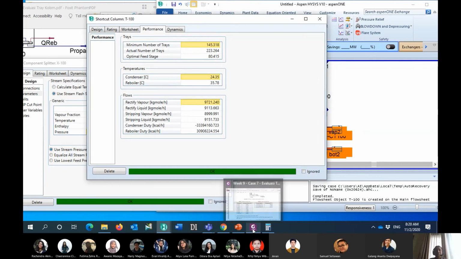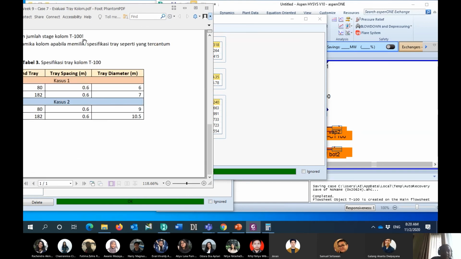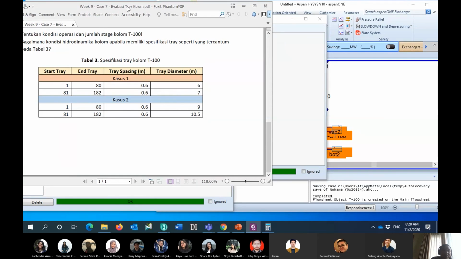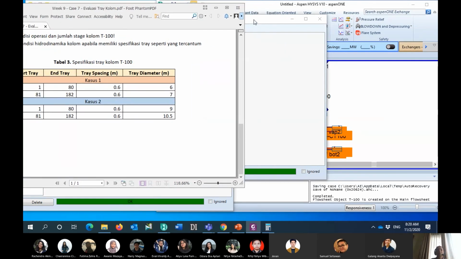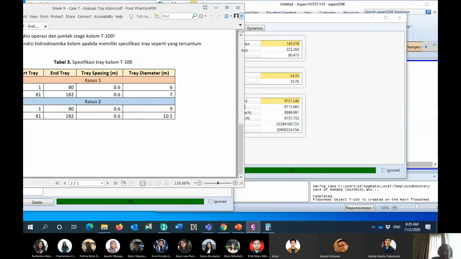Let's look at the case that we have. In the real condition, the number of trays is around 182, so we have 182 trays, but we still have 223.